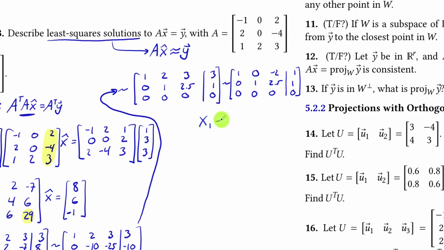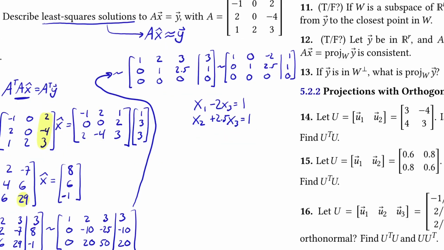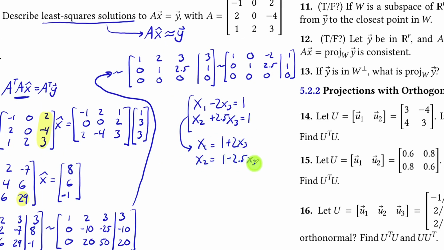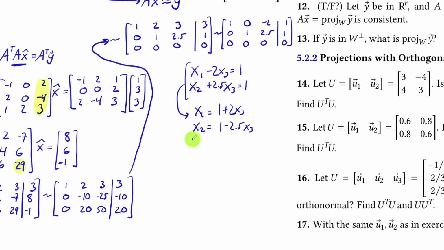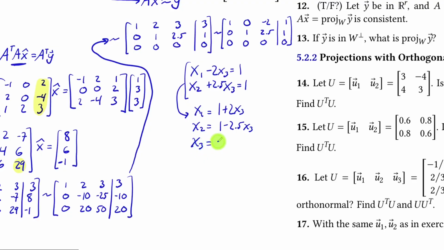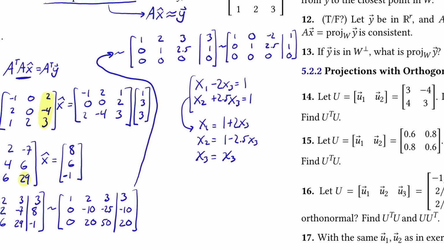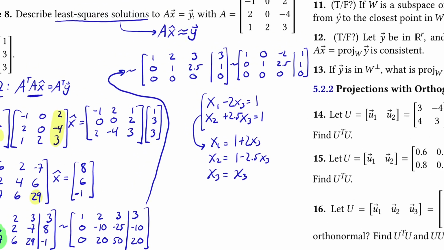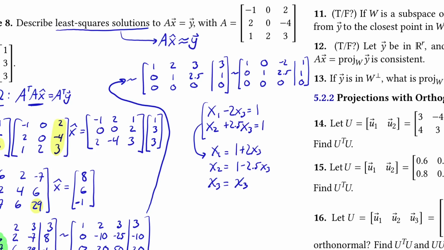So using the normal method, we can solve for all of the variables in terms of the free variables. And x3 is just x3. So this gives us an infinite number of least squares solutions. It turns out there's an infinite number of them because the columns of A are not linearly independent.